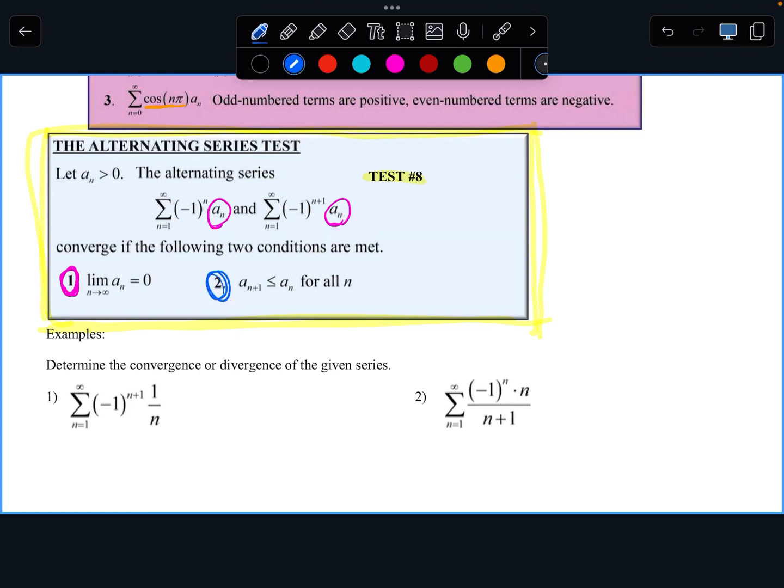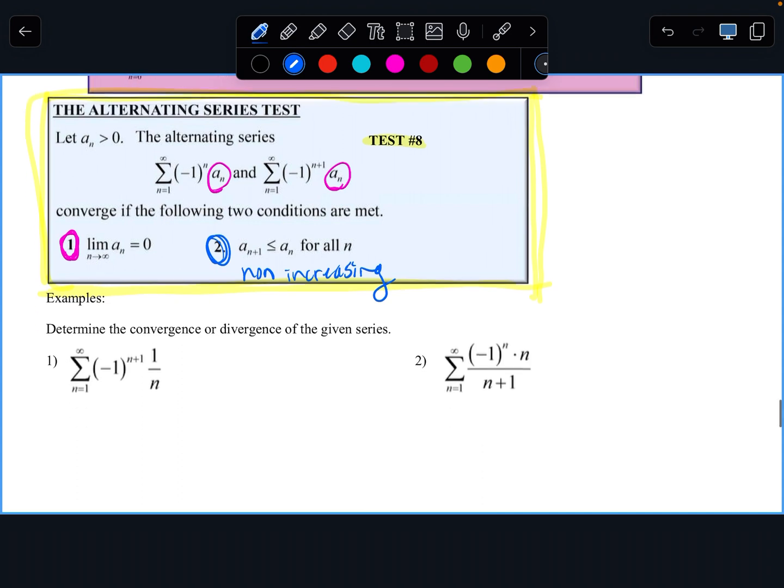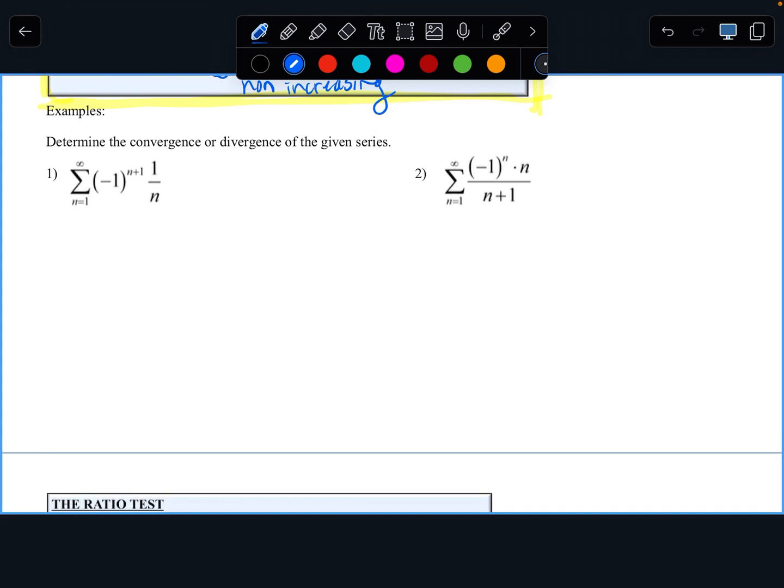And the second one looks all fancy, but it basically means it's non-increasing, so the terms are going down. So 1 and 2 are honestly very similar, but you have to prove it with that notation. I'll show you examples because right now it seems kind of weird.